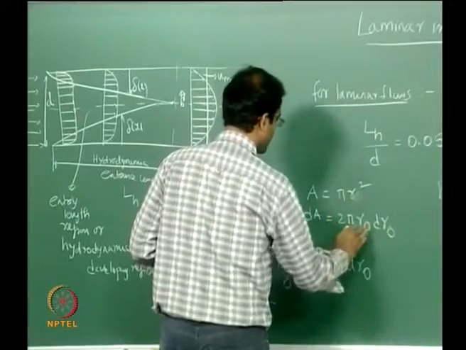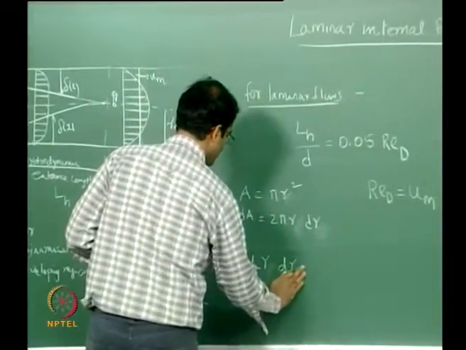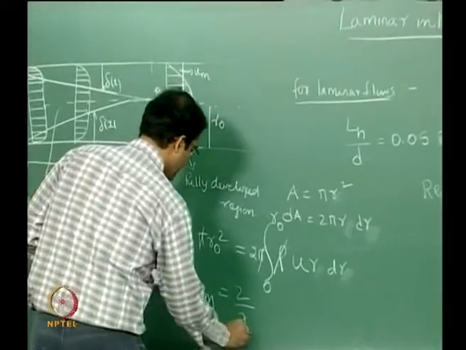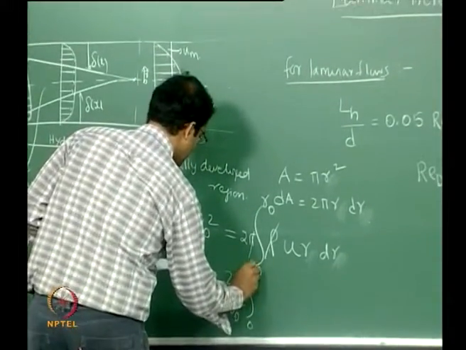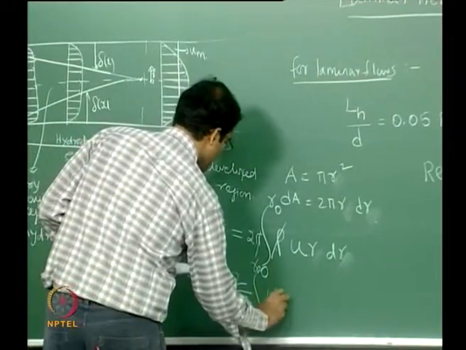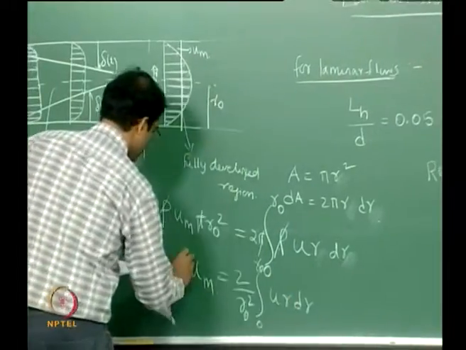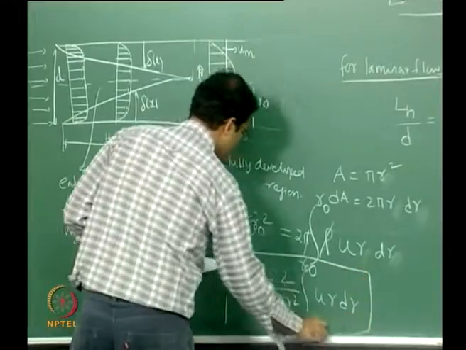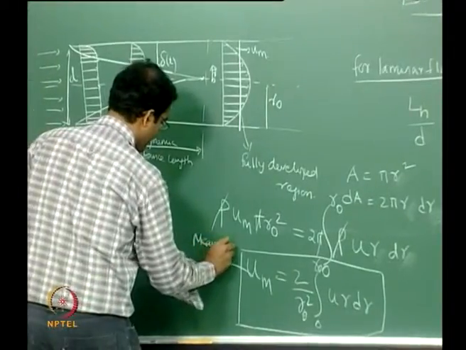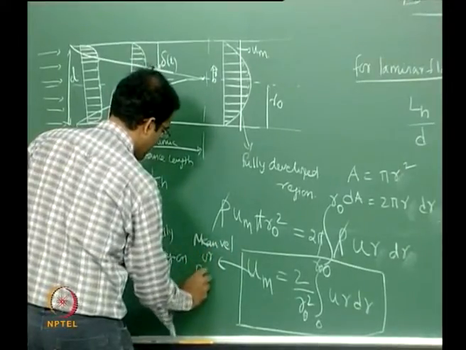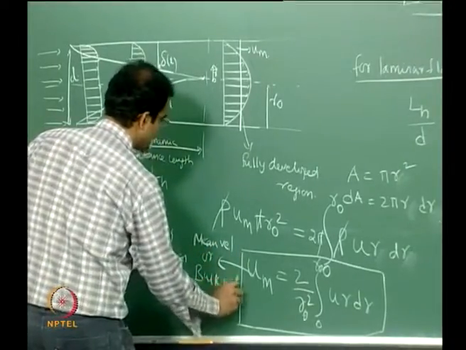Okay, so this should be 2 by r naught square, integral 0 to r naught of u into r dr. So this will be the definition of my mean velocity, or what I call the bulk velocity in internal flows.